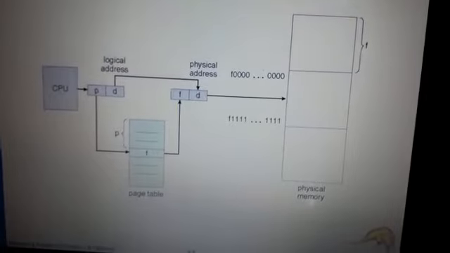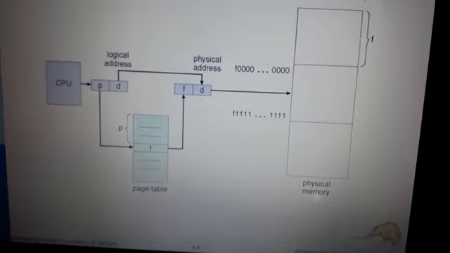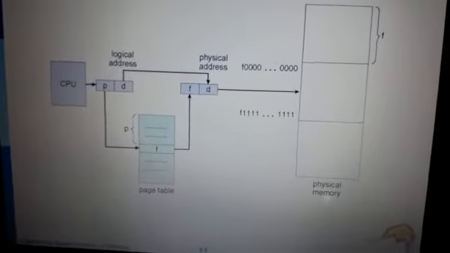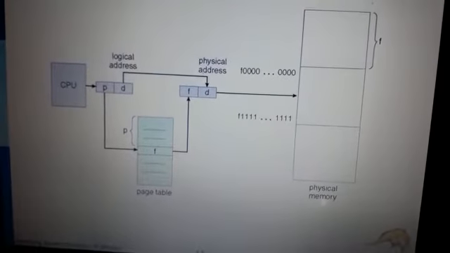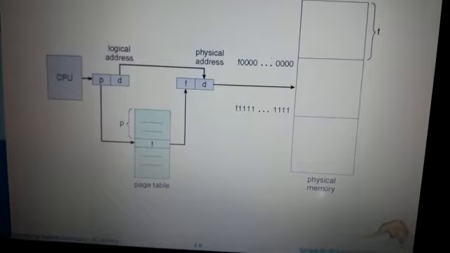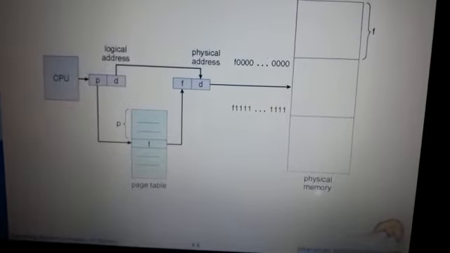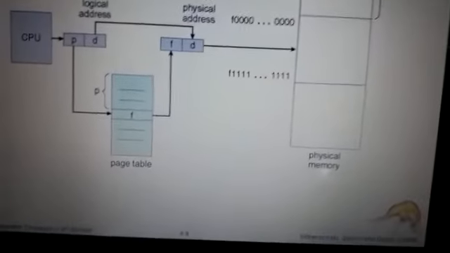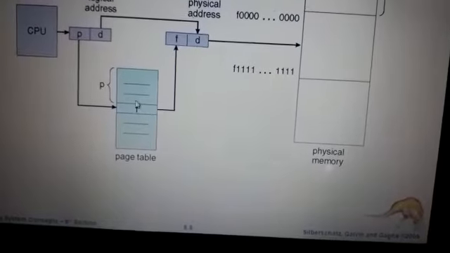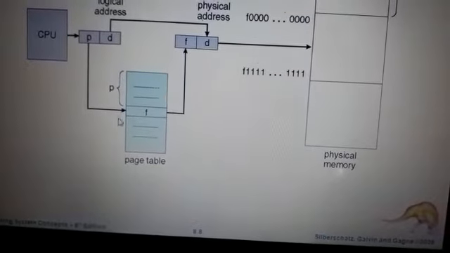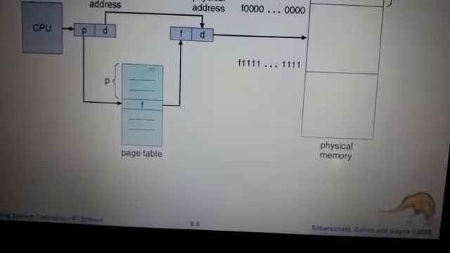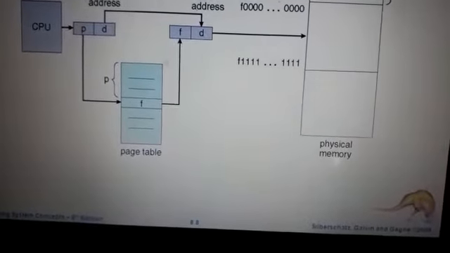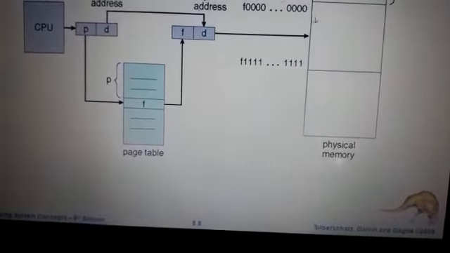Logical address, as I told you, is composed of fixed size pages, whereas physical addresses are made up of fixed size frames of the same blocks. In this page table, frames exist as well as page numbers. All these are mapped together here in the page table, and finally the data is stored in the physical memory.